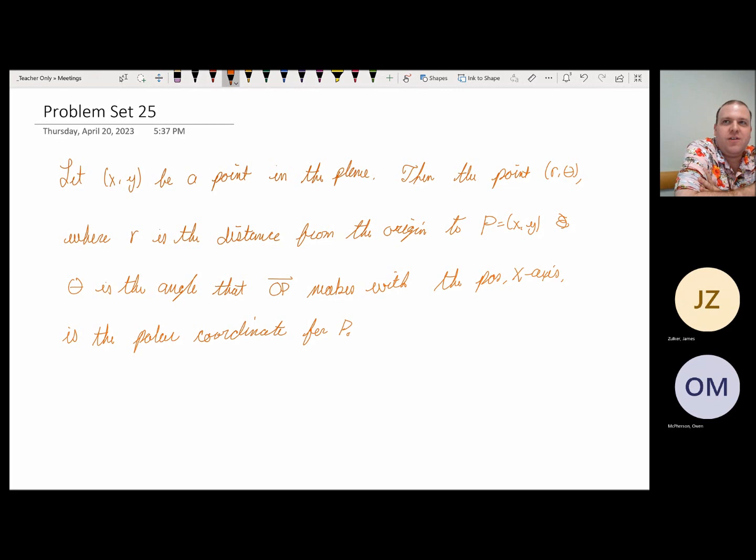Because it might be more convenient to say negative pi over 2 to pi over 2, instead of 0 to pi over 2 and then another integral for 3 pi over 2 to 2 pi. So I just write negative pi over 2 to pi over 2 instead. Now, here's the question.